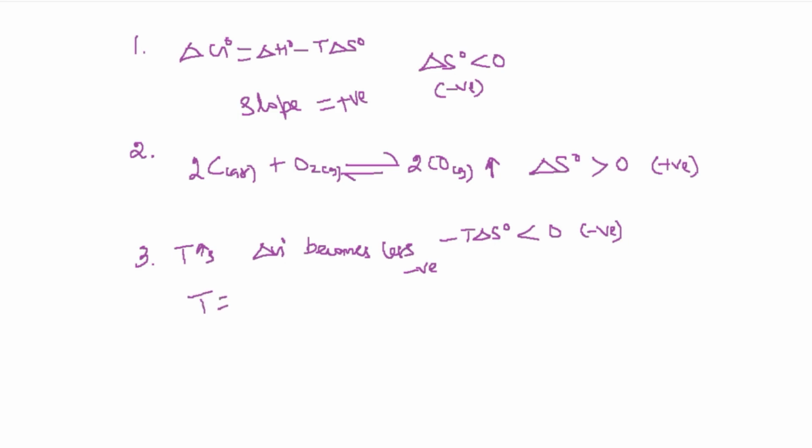When T is equal to delta H naught by delta S naught, delta G naught is equal to 0, and when the temperature is greater than this temperature, that is delta H naught by delta S naught, the metal oxide is unstable. It spontaneously decomposes, giving metal and oxygen.